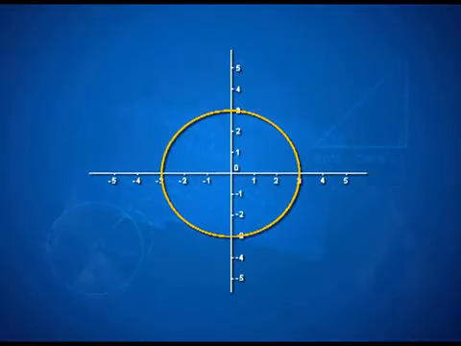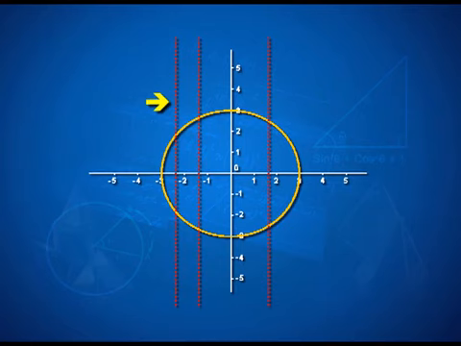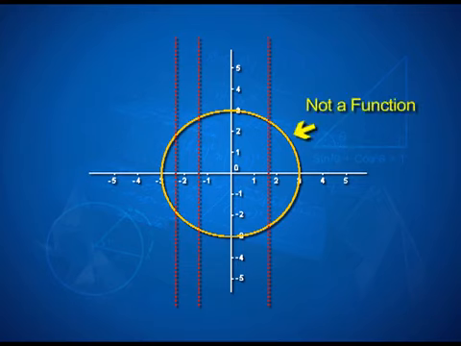What about this one? Here I have a circle now. So, is this representing the graph of a function? If I take vertical lines at different places, you will see that they are cutting the graph at more than one point, and therefore, this graph does not represent a function.